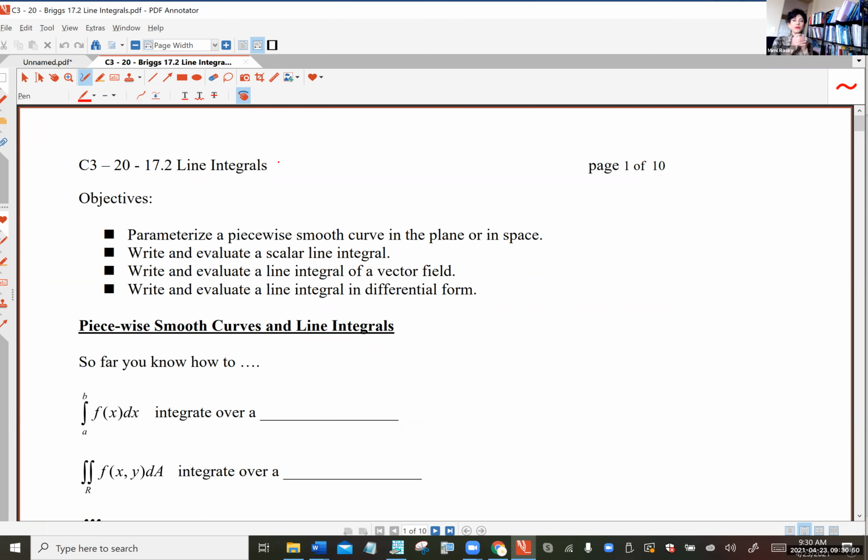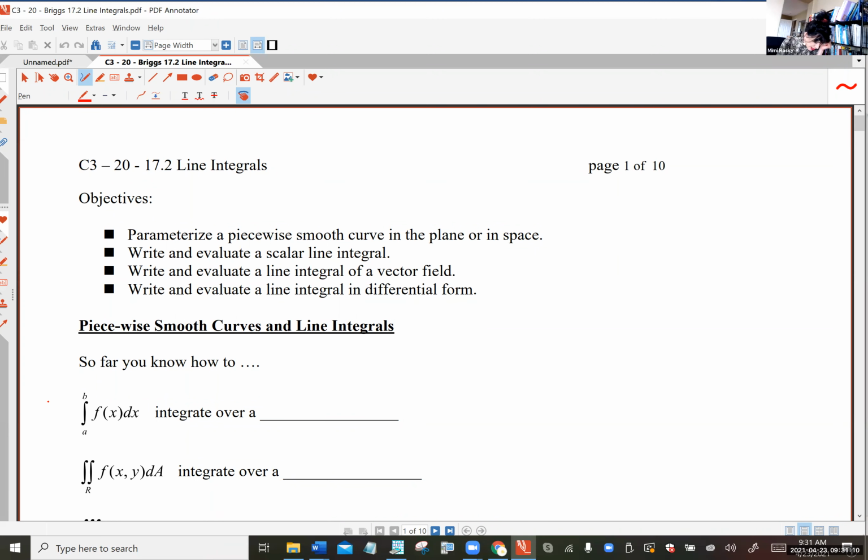So let's go over what you know so far, and then we'll do the new stuff. Quick review. Let's go over the integration that you already know how to do, because I like to boost your self-esteem a little bit, let you know we have taught you some stuff that you know how to do here in Calc 3, and then we're going to teach you something new. So what do you know how to do with integration?